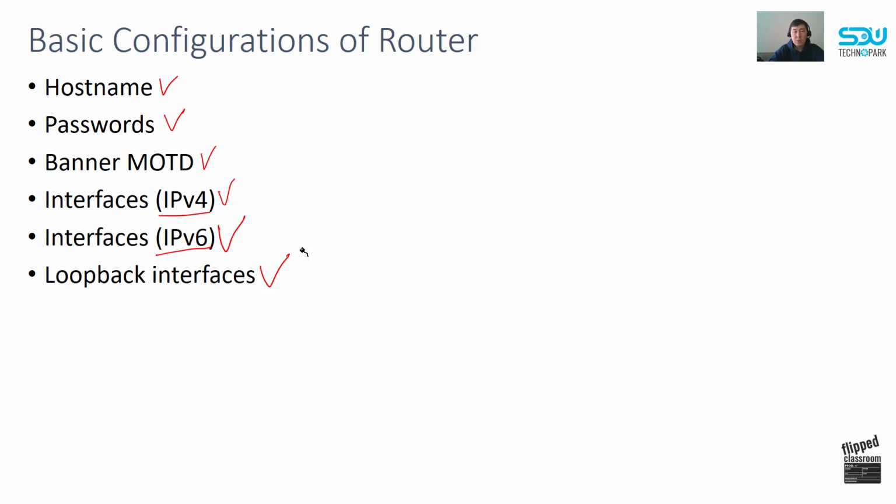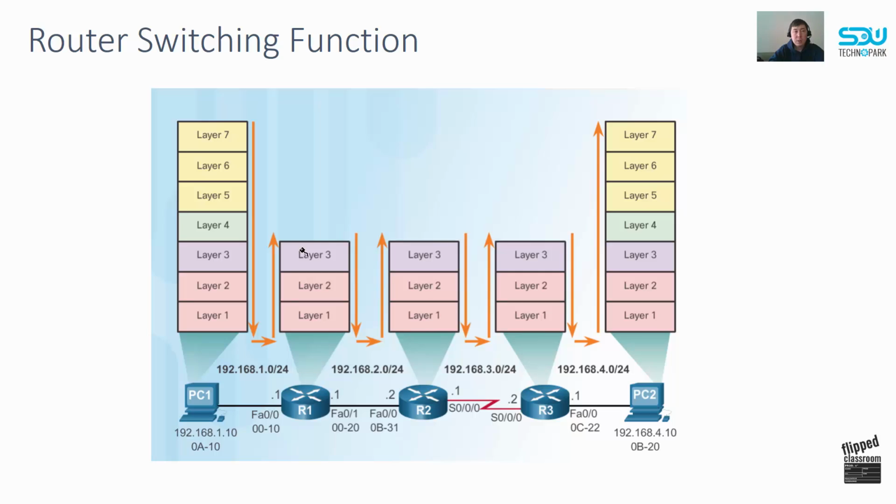Now it's time to move on, and let's take a look at how the router performs its routing function. We have the router switching function. What does it mean? It doesn't mean that the router is a switch, but the router is performing some switching function.